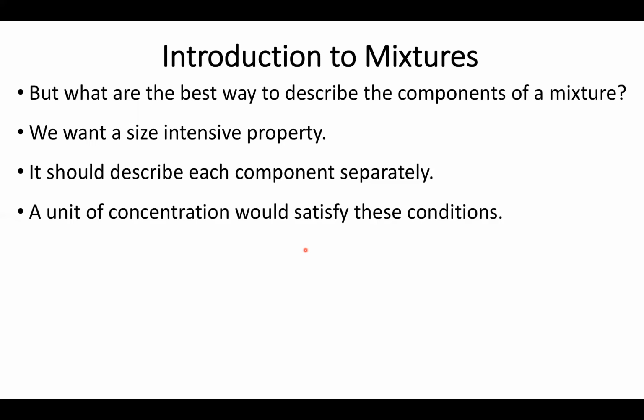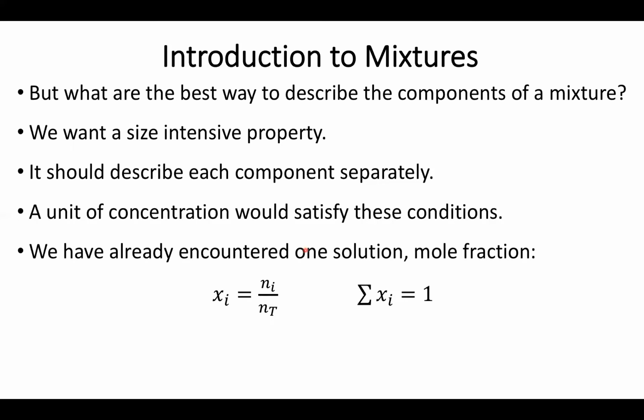However, we've already used one type of metric at the end of our conversation on thermodynamics, and that's mole fraction, which again, just as a reminder, is going to be the moles of the component I'm interested in over the total number of moles. And it also is perfectly defined for a two-component system because we have the mole fraction for each component when added up should give us 1.